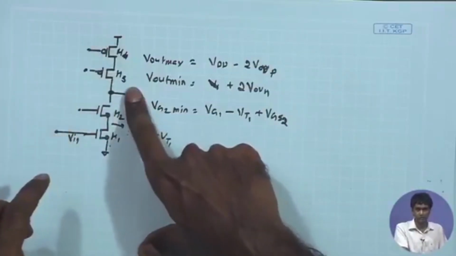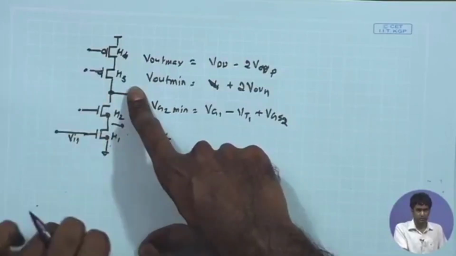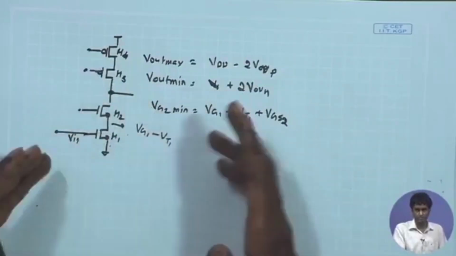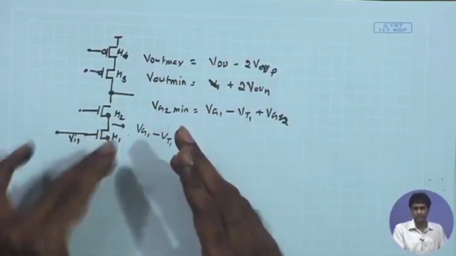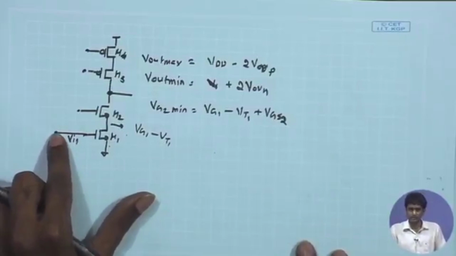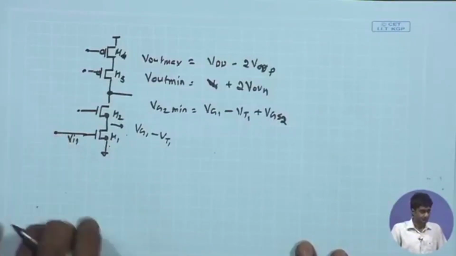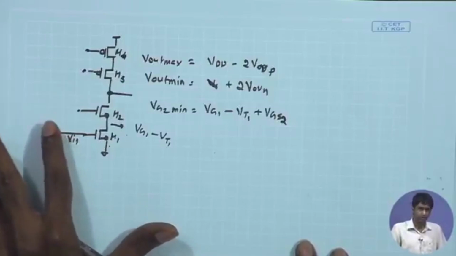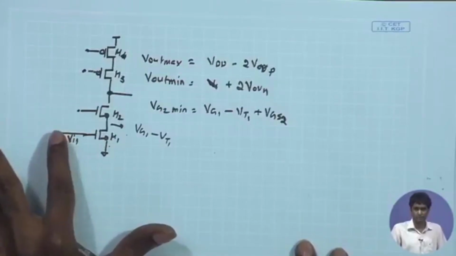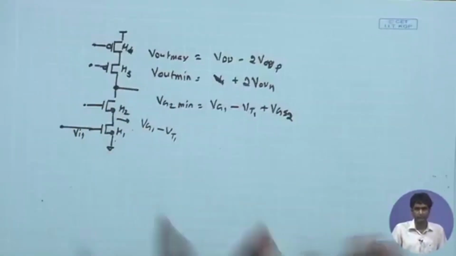Suppose you are able to get 1 volt, which is not very difficult to obtain, and that is divided by the overall gain, gm ro whole square by 2, which is pretty large. It can be several thousands. As a result, the input signal swing that you are allowed to have is possibly millivolts or lower than that. This is how I can find out the allowed input peak to peak swing: maximum output swing divided by the overall gain for the open loop case.